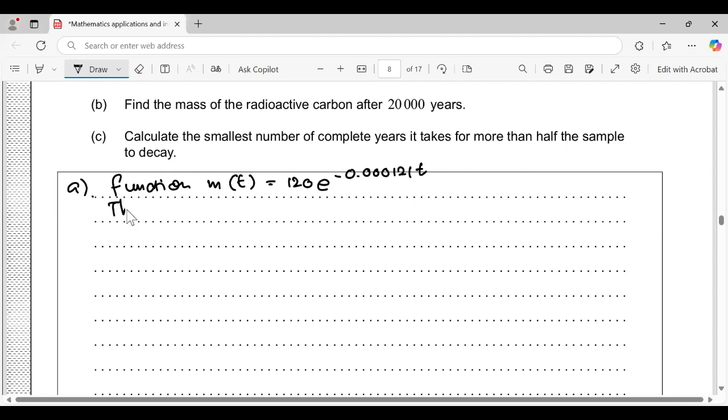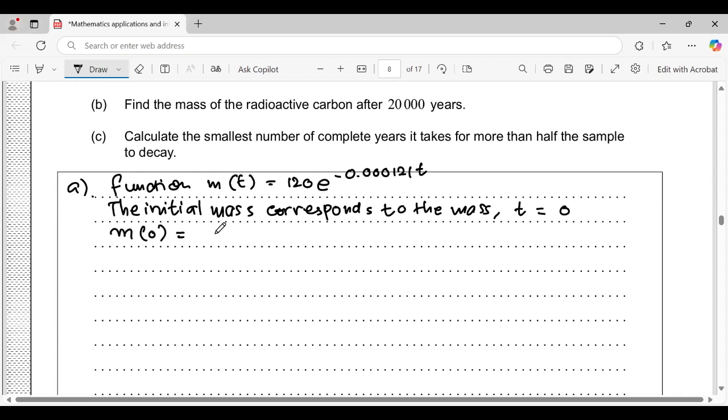So the initial mass corresponds to the mass when t equals 0. When t equals 0, it becomes 120 e to the power 0, and e to the power 0 equals 1, so it is 120 nanograms.